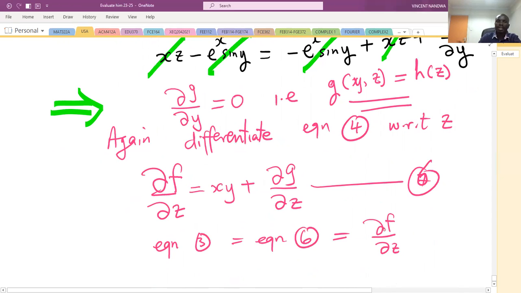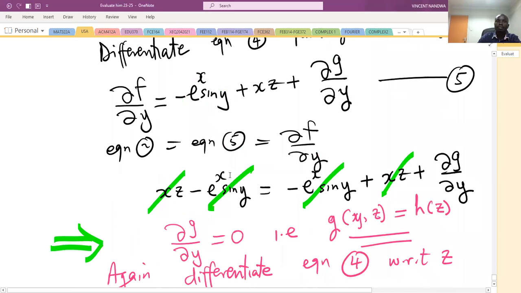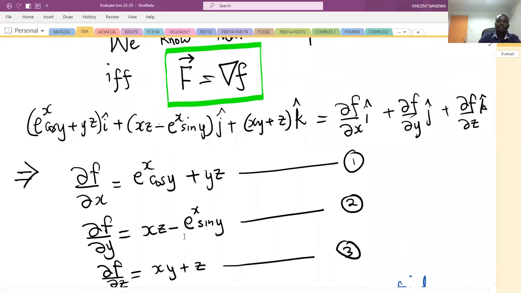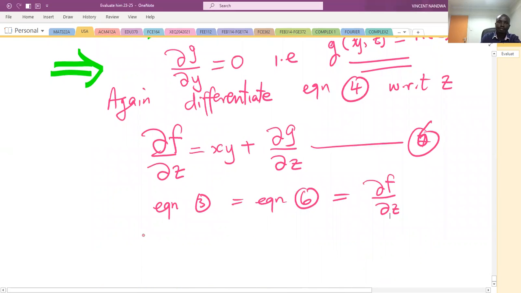So this means we can equate 3 and 6. Equation 3 is xy plus z, which should equal xy plus partial g partial z.